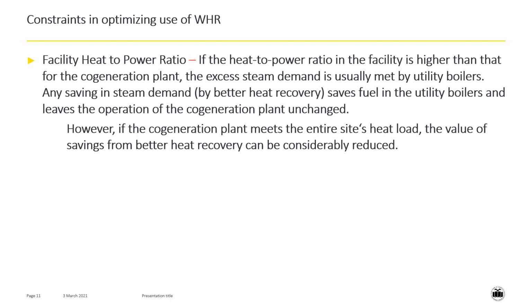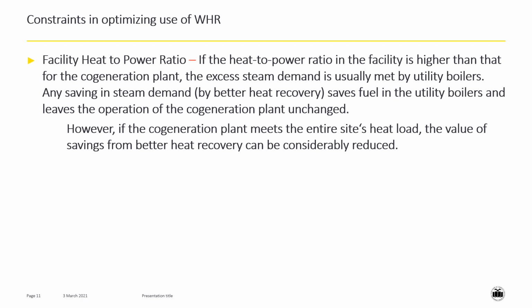Facility heat to power ratio should be optimum. If the heat to power ratio in the facility is higher than the cogeneration plant, the excess demand of the steam will be met by utility boilers.